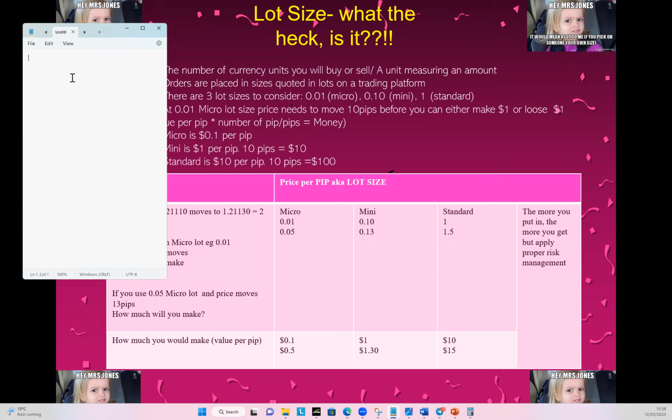Okay, now USD JPY, you're all gonna get different ones, yeah? Moves from 100.98 to 100.55. How many pips? 43.